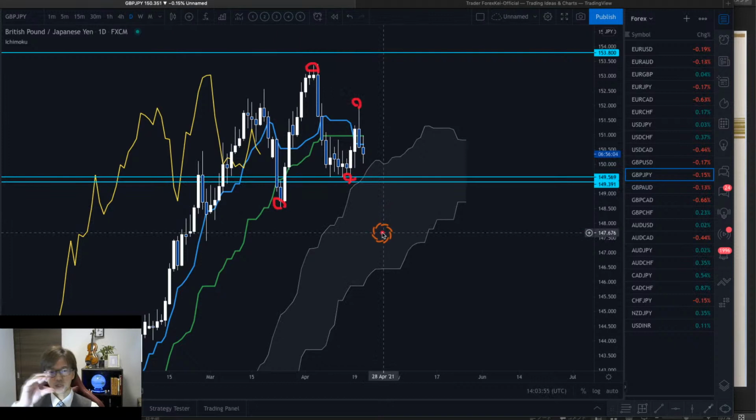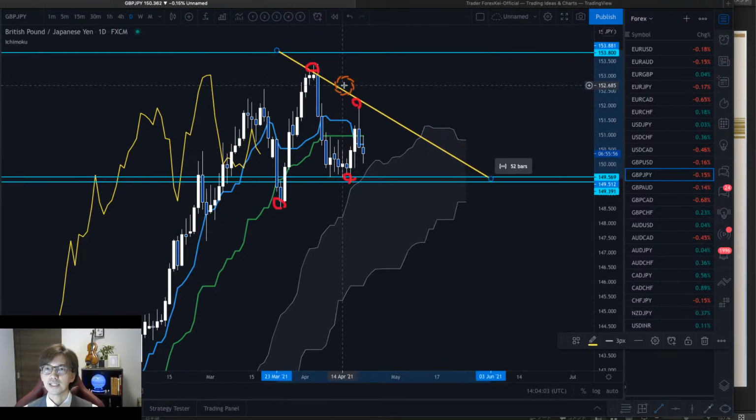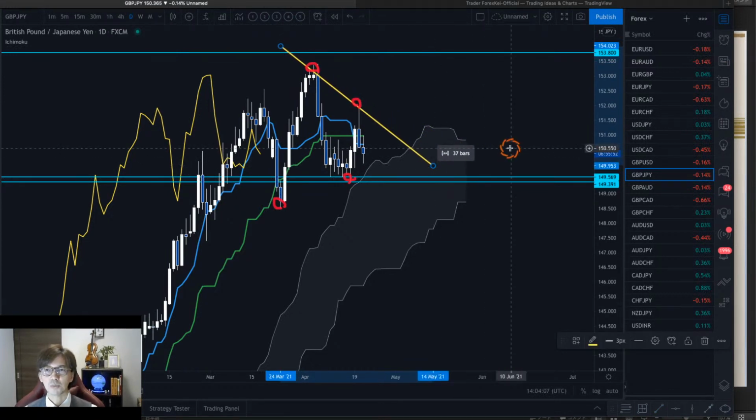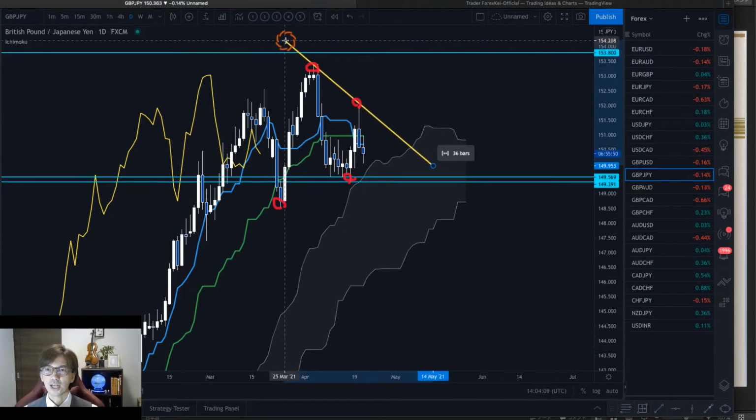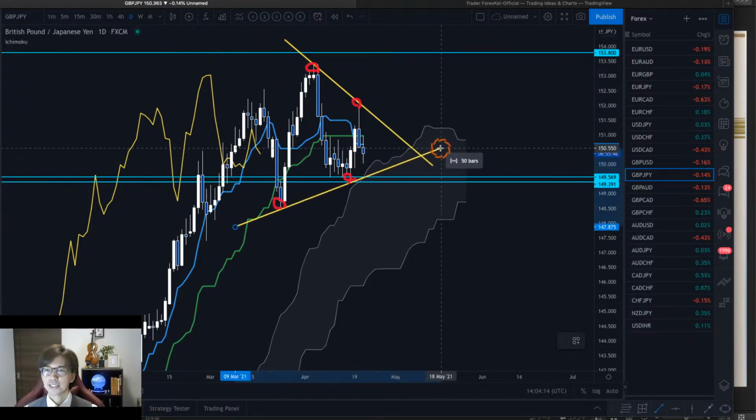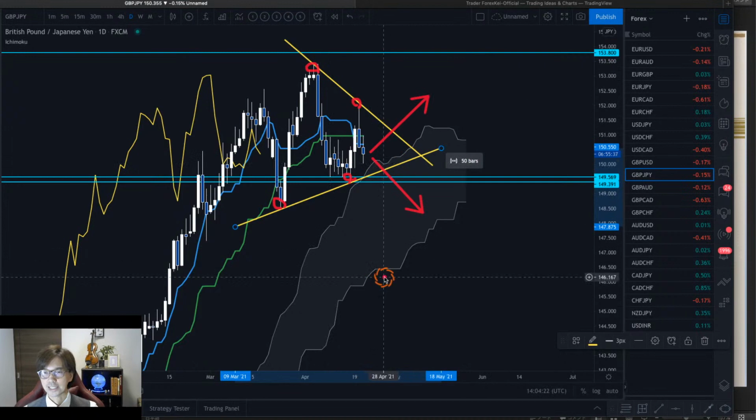So when you see this squeezing structure, a triangle like this, then this is called the P wave. And this is one of the Ichimoku ways to look at the markets. It is a squeezing P wave, and it can break upwards or downwards in either direction because the Kumo is flat and the Kijun-sen is flat.